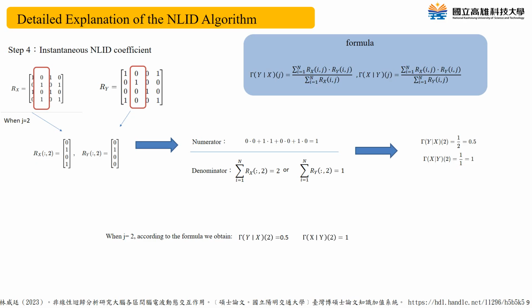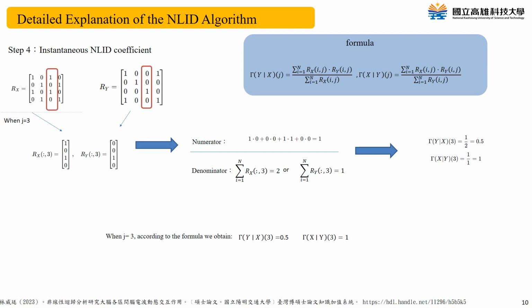When j equals 2, gamma yx2 equals 0.5, gamma xy2 equals 1. When j equals 3, gamma yx3 equals 0.5, gamma xy3 equals 1.